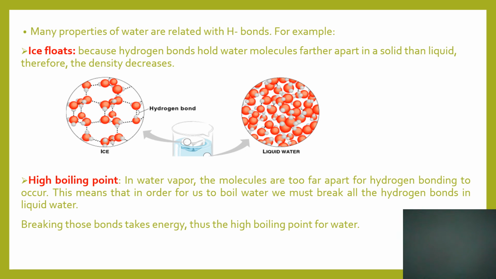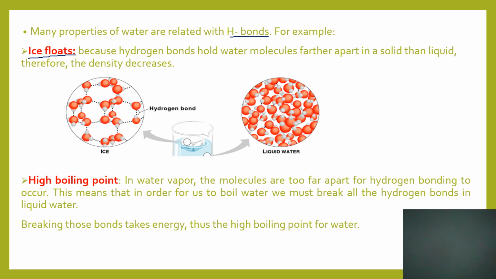Many properties of water are directly related to hydrogen bonds. For instance, ice floats. We might think that ice is denser than liquid water, but it is less dense than liquid water.